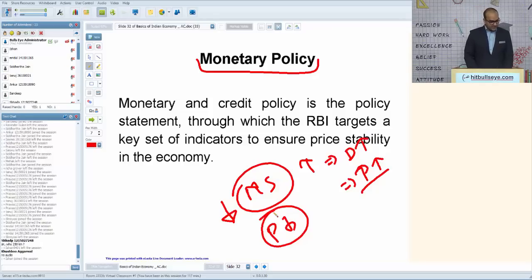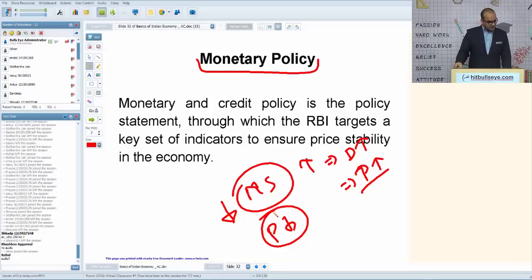Let me answer the question again. The question is why 250 kilometers in terms of railway and road. This is a concept related to economies of scale.